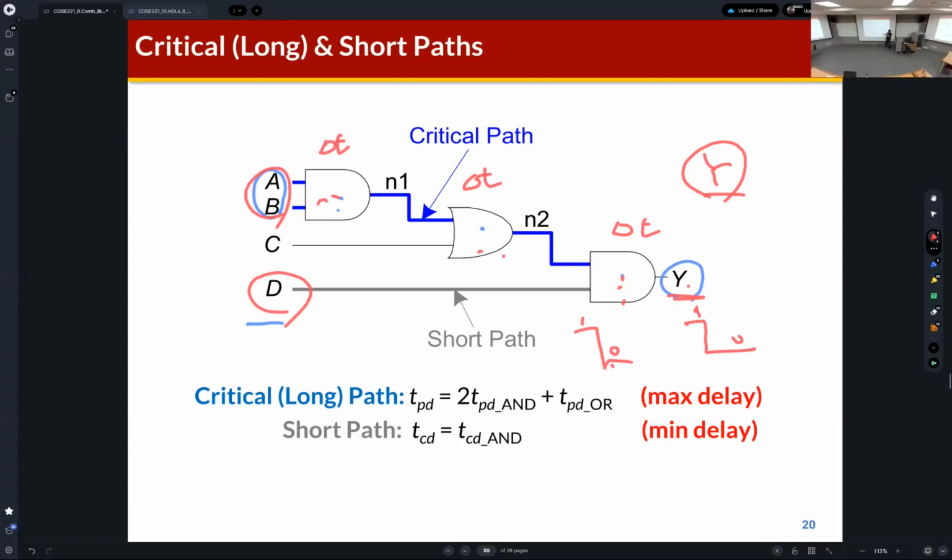If we see this path, if Y is just determined by C, then it doesn't go through one large gate.